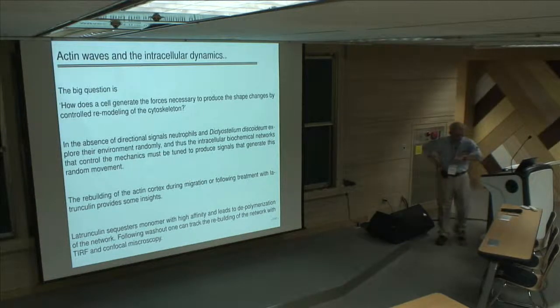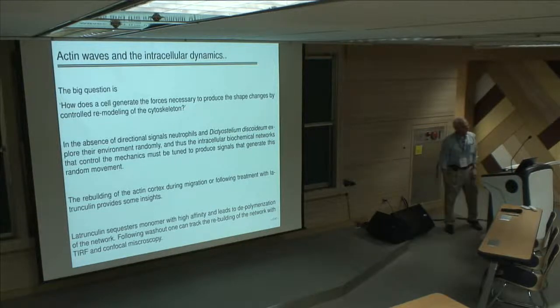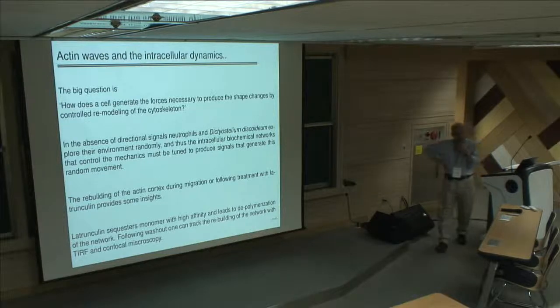Let's look briefly at the interior problem, and that is, what sort of reconstruction of the cytoskeleton is needed to produce the shape changes? Okay, how many people know something about actin dynamics? Okay, let me tell you very quickly for the students. The cell has within it a kind of network structure which is composed of actin and other polymers.